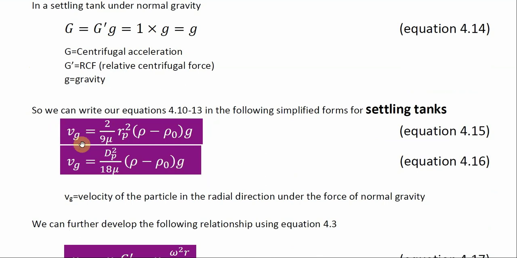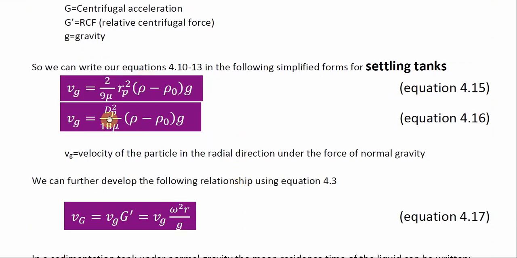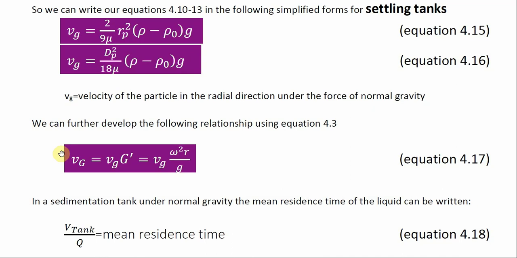So this is V sub little g, so the velocity under the force of normal gravity, equals 2 divided by 9 viscosity times the radius of the particle squared times the density of the particle minus the density of the fluid displaced times gravity. Now, this equation becomes a little more broadly useful later. So you might be able to utilize VG in your other equations using this transformation that we see in equation 4.17.